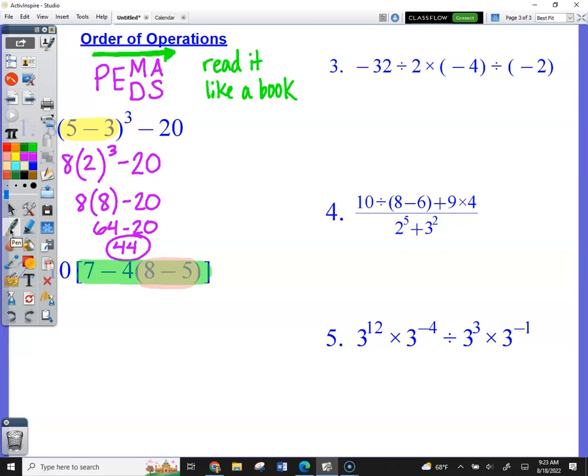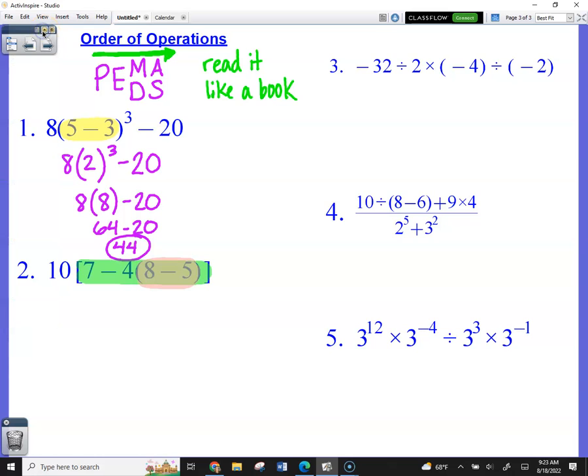So what is 8 minus 5? That's 3. So I'm going to bring all this other stuff down. Then you look and see, okay, so now my parentheses here are done, but these brackets are a set of parentheses. So you're going to do what's in there.